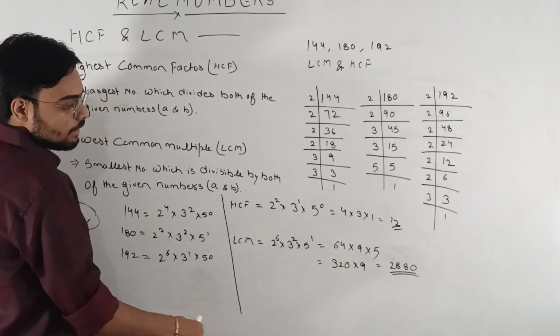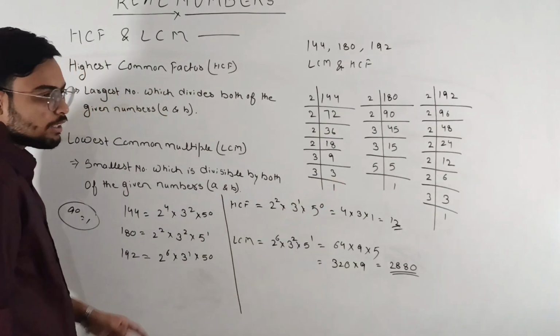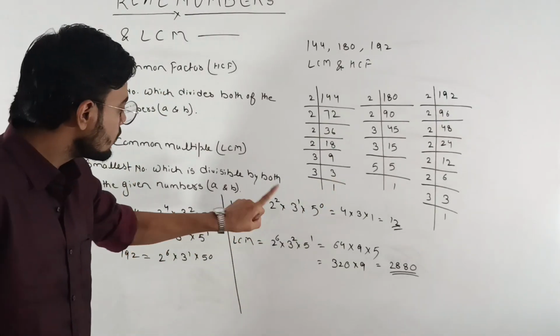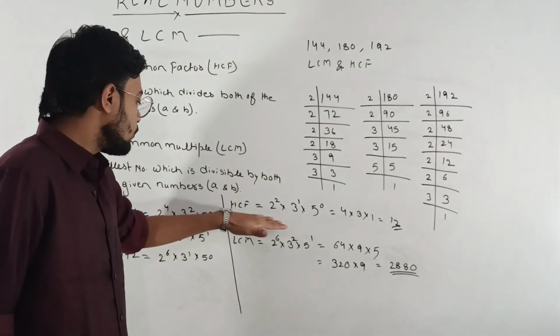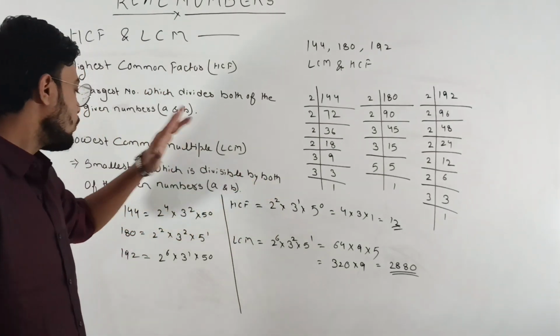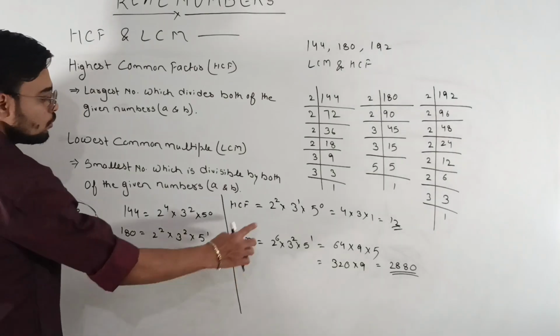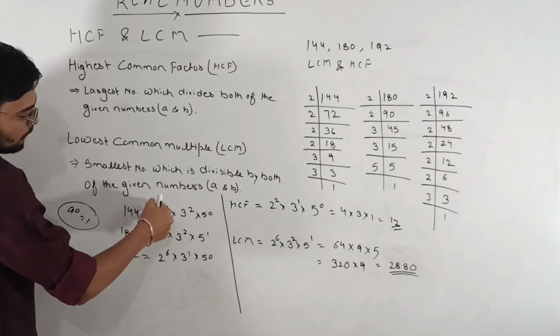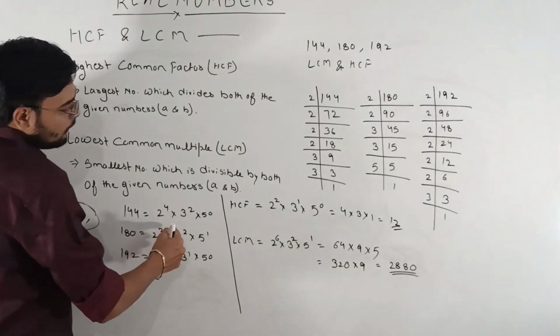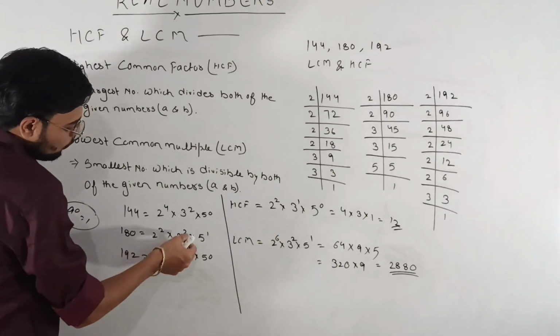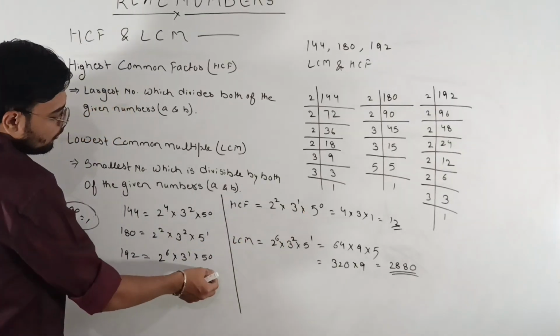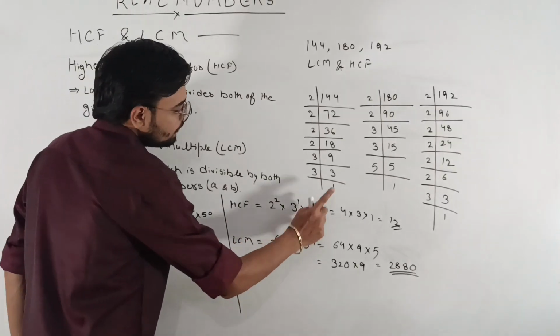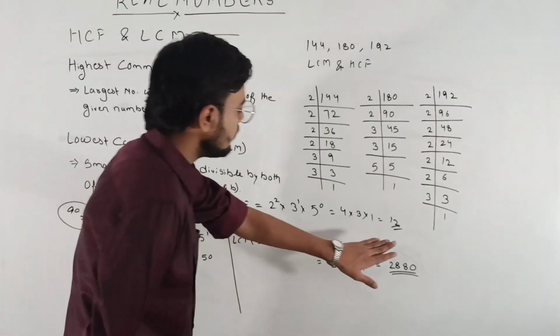I have 2, 3 and 5. Next step, I write the smallest power of all the numbers for HCF. The smallest power of 2 is this one, 2. The smallest power of 3 is 1. And the smallest power of 5 is 0. Then after calculating, I get HCF 12.